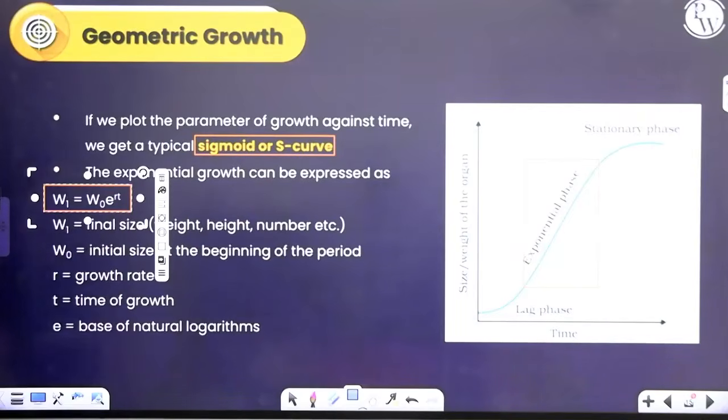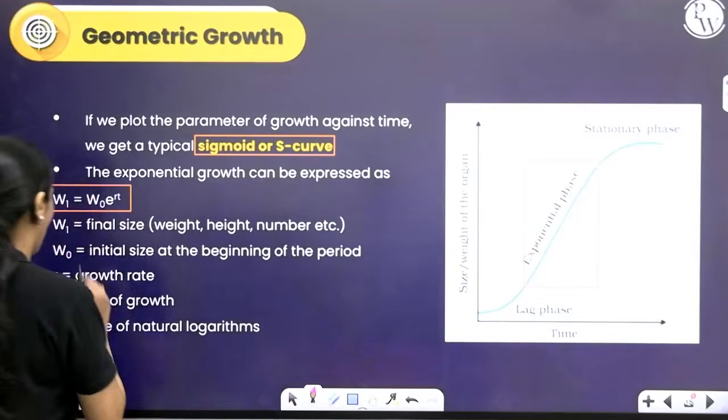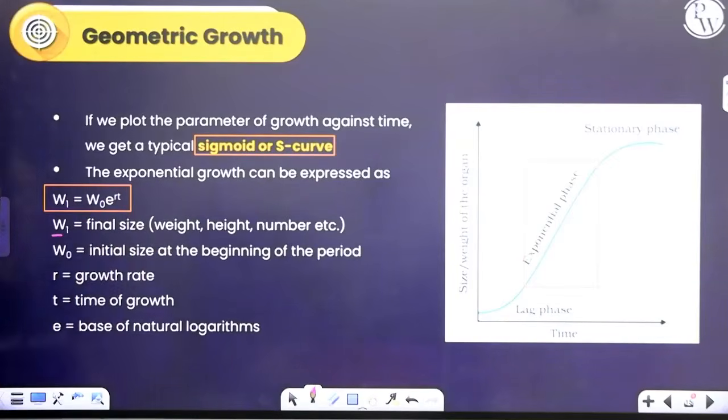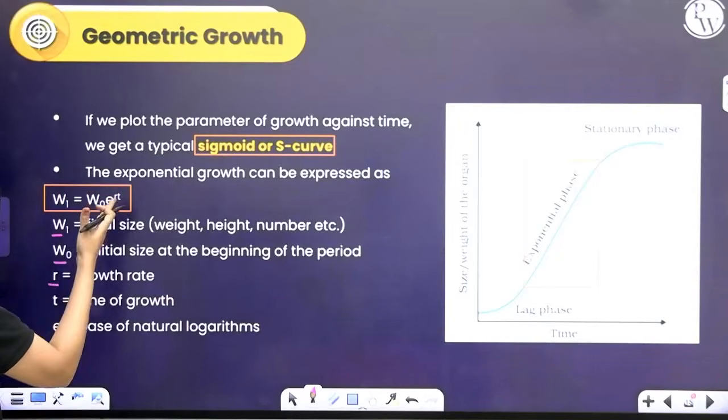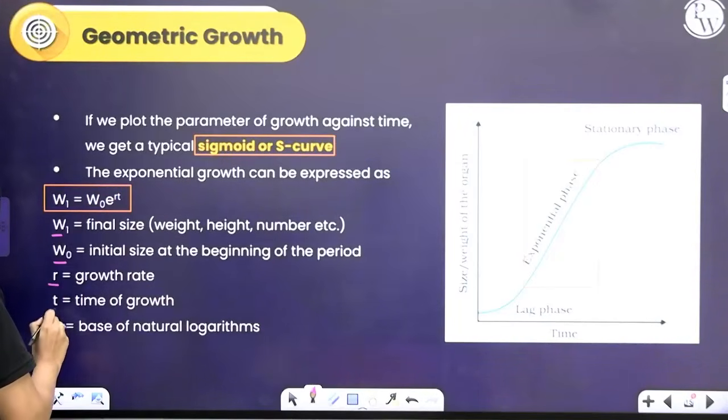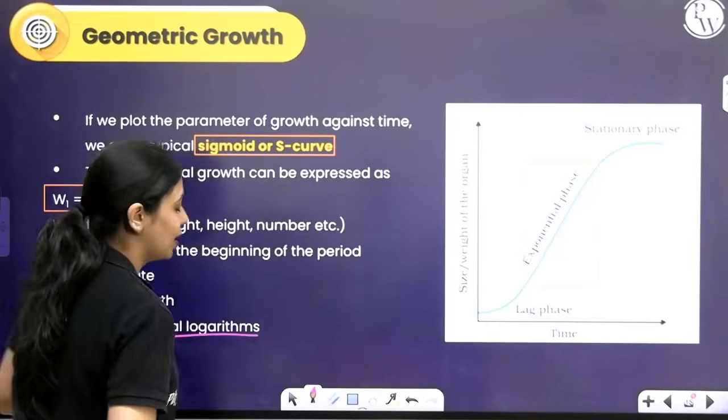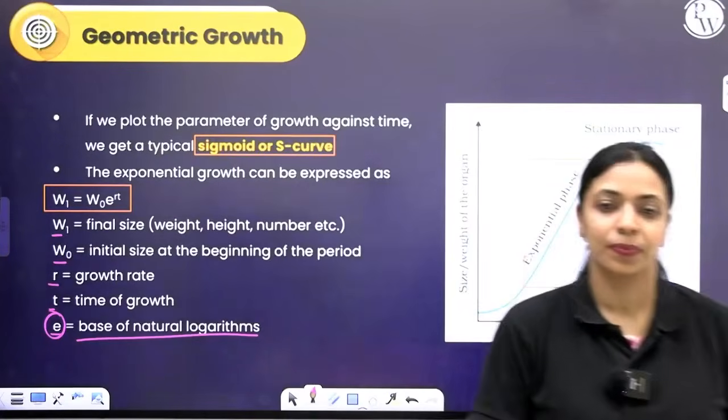W1 is equal to W0 e to the power rt, where W1 is the final size or weight or whichever parameter you're using. W0 is the initial size. r again is the rate, the geometric growth rate. t is time. e, because it's happening at an exponential rate, we bring in e as well. e is nothing but the base of natural logarithms.